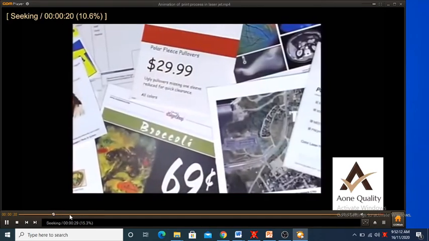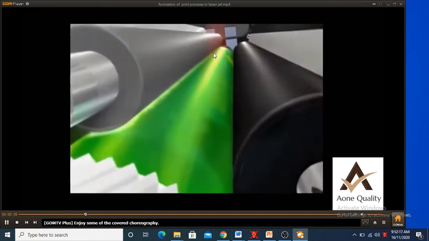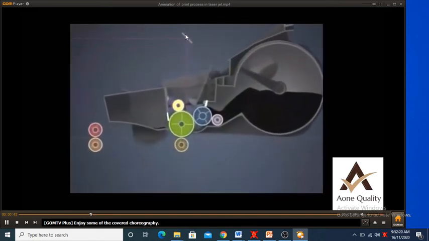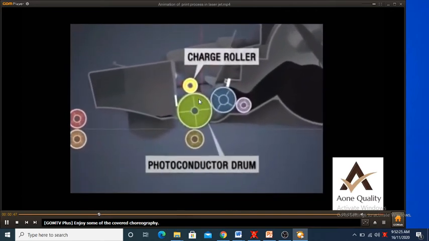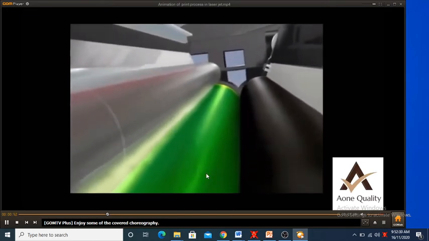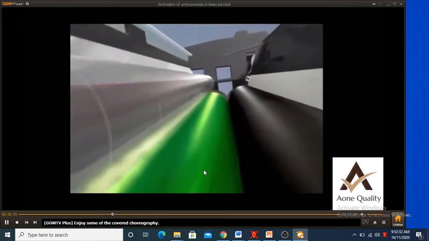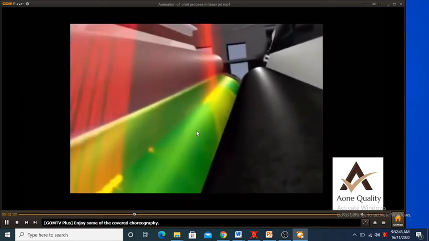So here we have the laser printing technology. Here we are able to see the laser image. So here the rotating mirror, the beam of laser falling on the drum. It is called the photoconductor drum because it conducts the light, laser light. So this is the photoconductor drum. We are able to see the laser creating the electrostatic images of the document or the image to be printed.